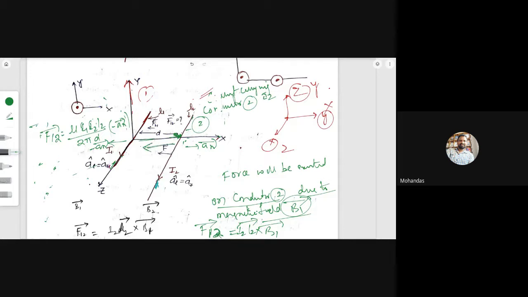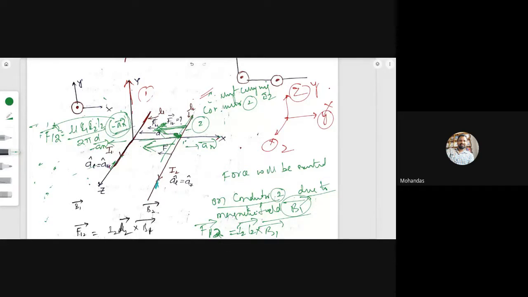What does this unit vector show? It shows the direction of force. Due to this force, this conductor is trying to move in this direction. Between these two conductors, this conductor is trying to move in this direction. That is negative.